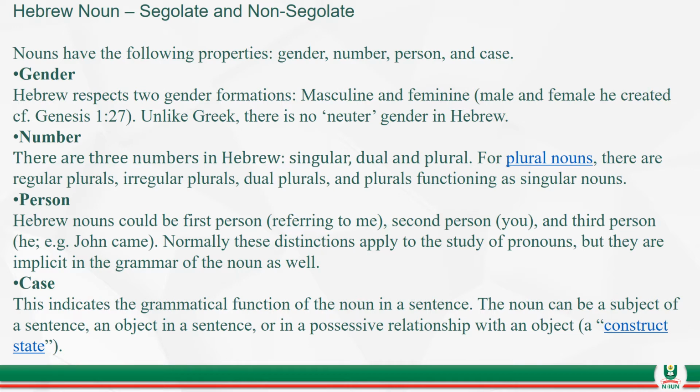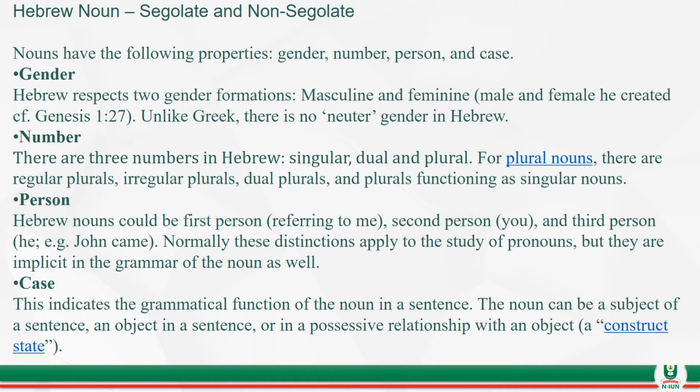Dual has to do with those parts of the body or those objects that naturally come in pairs. Then person has to do with either the first person, the second person, or the third person. Normally, these distinctions apply to the study of pronoun, but they are implicit in the grammar of noun as well.